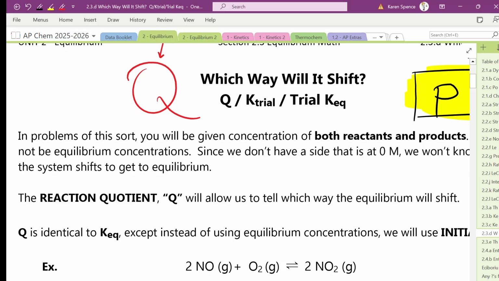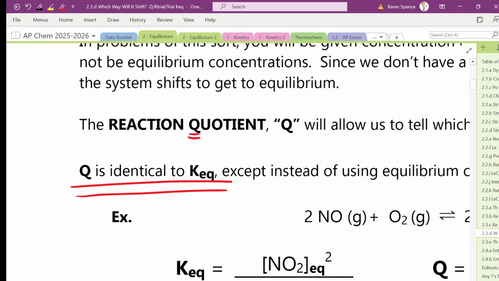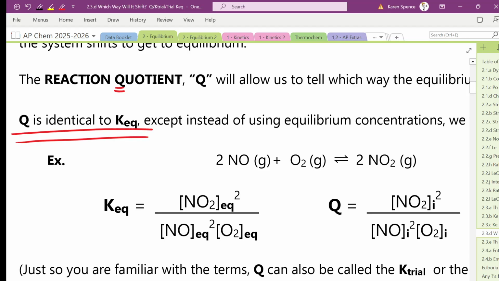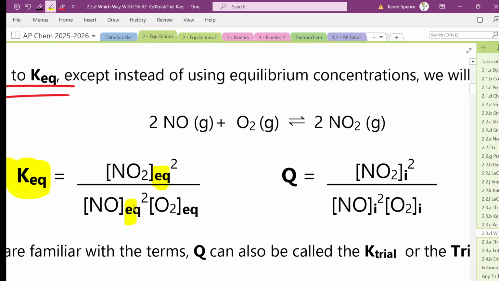So the reaction quotient Q is identical to Keq, except instead of using equilibrium concentrations, you will be using initial concentrations. For Keq, for this system here, we're going to use our equilibrium concentrations.